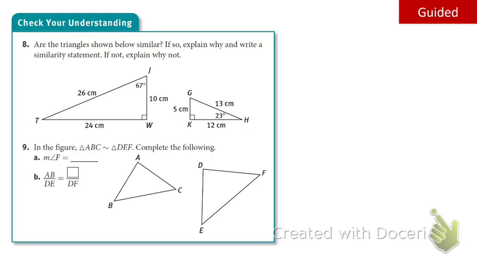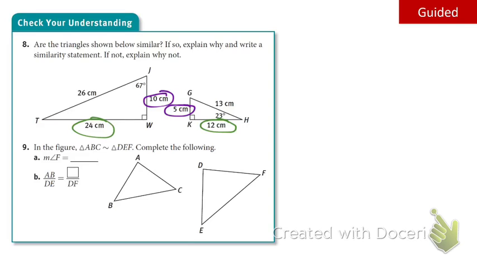So let's see if the triangles are similar. Let's go ahead and line up the sides. So in a triangle, we have here side 5 centimeters is going to match up with 10 centimeters. And then we have 12 centimeters is going to match up with 24 centimeters.